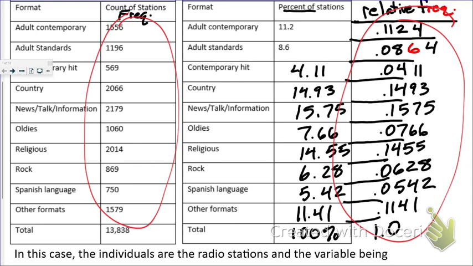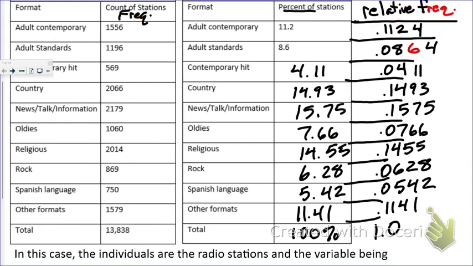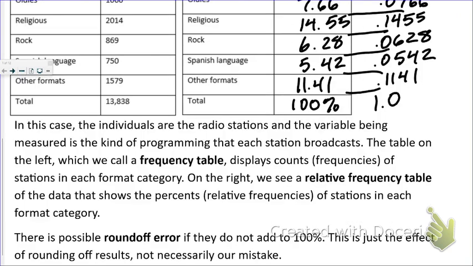If I'm comparing radio stations to, say, France or some other country, then we need to make sure we go by relative frequency. The reason is because that grand total is probably different.